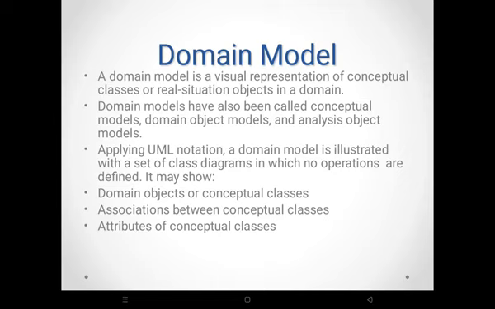A domain model is illustrated with a set of class diagrams in which no operations are defined. This is very important. The domain model can show only the conceptual classes, associations between conceptual classes, and attributes of the conceptual classes.